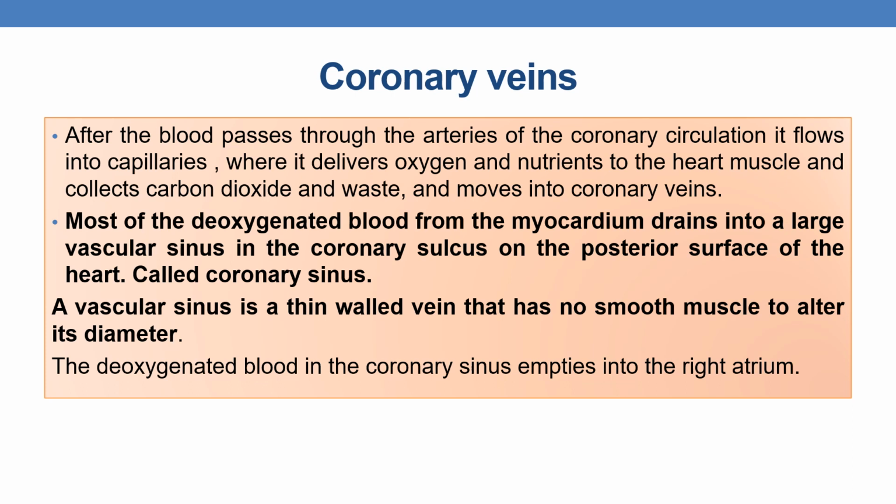What is a vascular sinus? A vascular sinus is a thin-walled vein that has no smooth muscle to alter its diameter. And the deoxygenated blood in the coronary sinus empties into the right atrium.